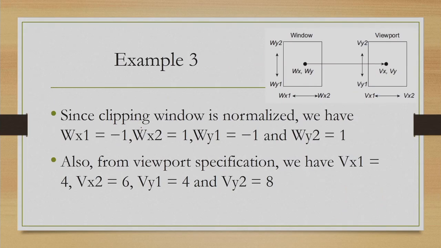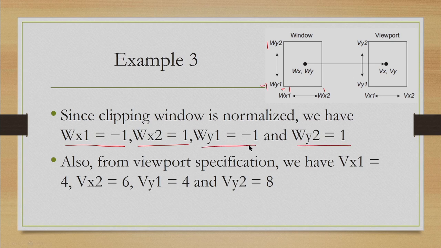Now, we already mentioned that the clipping window is normalized. So, the extents of the window are fixed, and we get these values. This is between -1 to 1, and again this is also between -1 to 1.